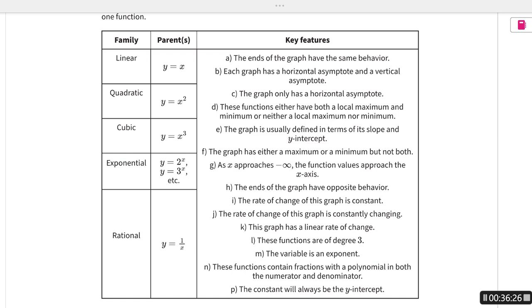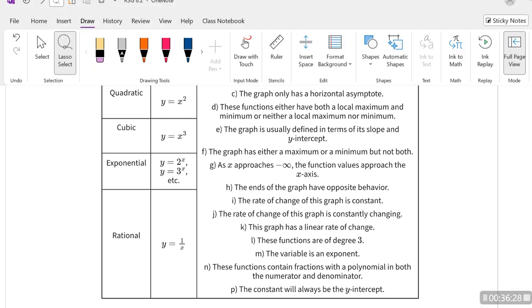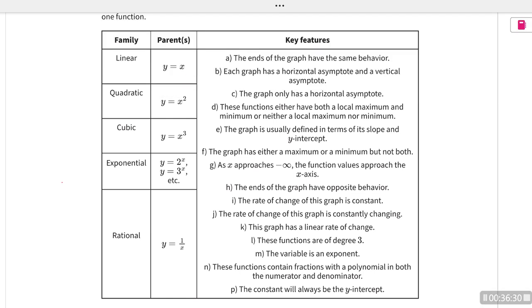Those are ending in different directions, but quadratic, yes, that is absolutely true for a quadratic function, since it's an even function. Really, any even function, that will definitely be true. So it's not true for cubic. Exponential, nope, one end has an asymptote, the other one is going to approach infinity or negative infinity. And then rational, yes, this is true.